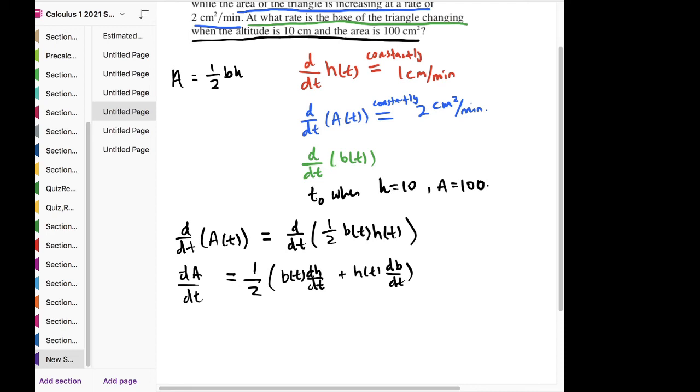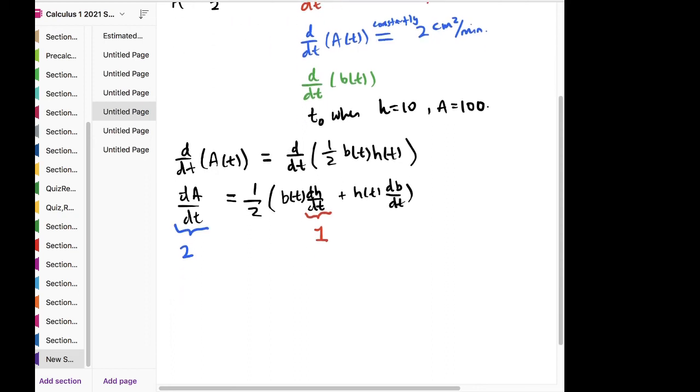There's maybe one that we'll have to find. We don't know dB dt, but we do know dH dt is 1. We know dA dt, which is 2. And we know one more thing. In general, this is what the derivative looks like: 2 is equal to 1/2 times (b of t plus h of t dB dt).